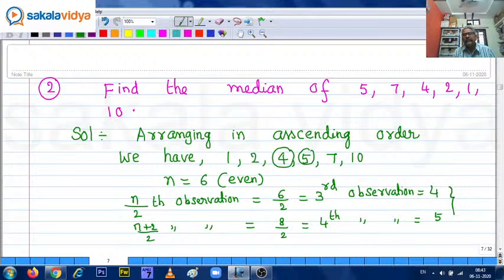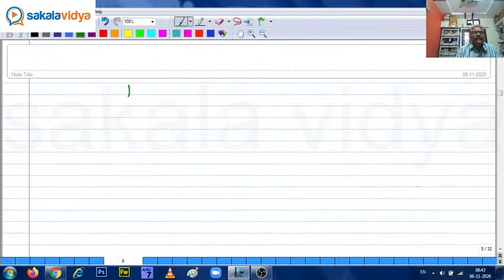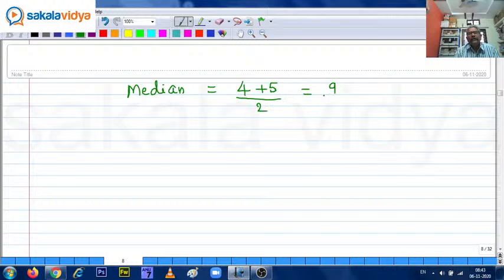But the mean of these two we need to find out. That is the median. So therefore median is equal to the average of 4 and 5. Average means mean of 4 and 5: 4 plus 5 by 2, 9 by 2. That will be 4.5. This is the answer, 4.5.